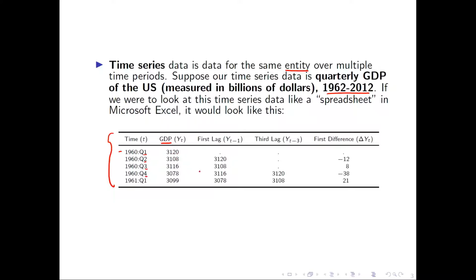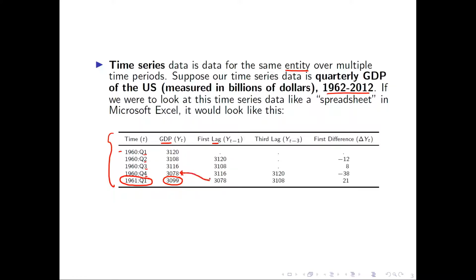And what you would often do is that you would lag the data. So here, if you are, for example, in 1961, let's draw that a bit better. If you're here in 1961, the GDP is 30.99, and the first lag is the GDP in the last period.